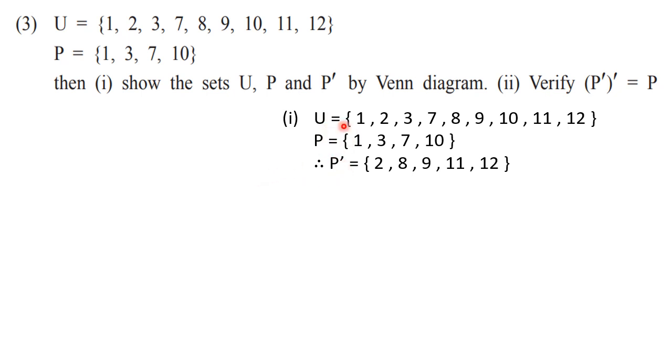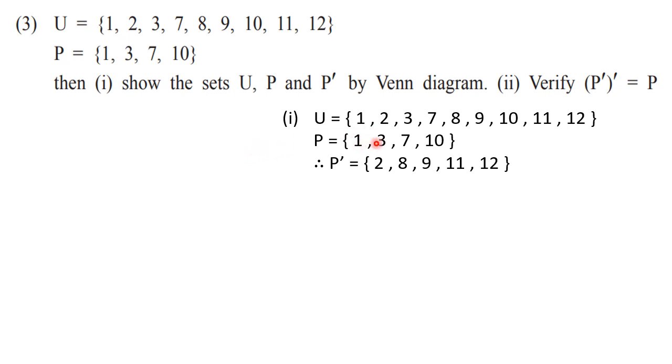Now we want to represent them by using a Venn diagram. So just recall about universal set. The universal set we always show with a rectangle. So all of you please draw one rectangle and outside that rectangle name it as U. I am going to show you the diagram but you try to do it by yourself.